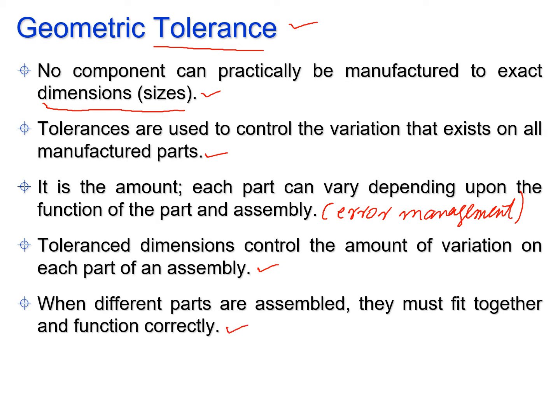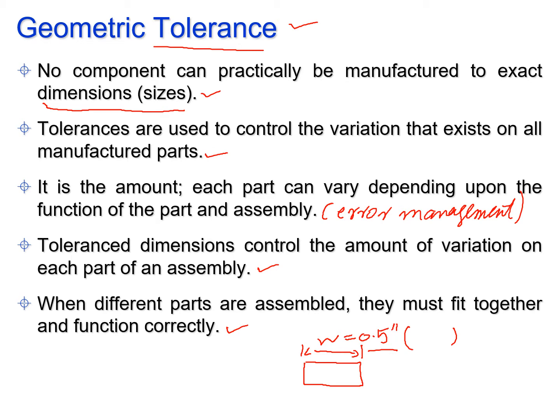So this is what we basically covered in the last two lectures, that tolerances are defined for a specific part. For example, let's say that this is our part and this is one dimension of that part, the width of that part. We cannot exactly manufacture, let's say, a width of 0.5 inches. We cannot attain 0.5 inches perfectly.